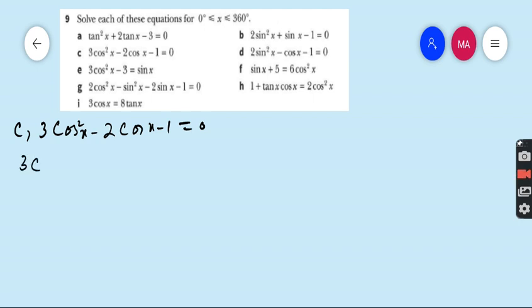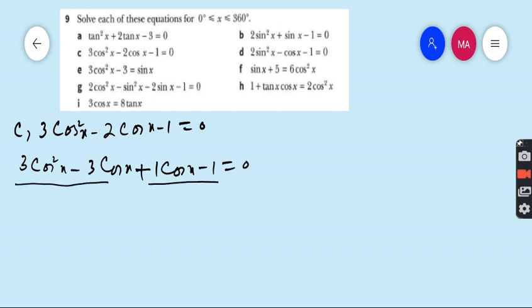So 3 cos square x minus 3 cos x plus 1 cos x, because we need minus 2 cos x, minus 1 is equal to 0. First 2, last 2.